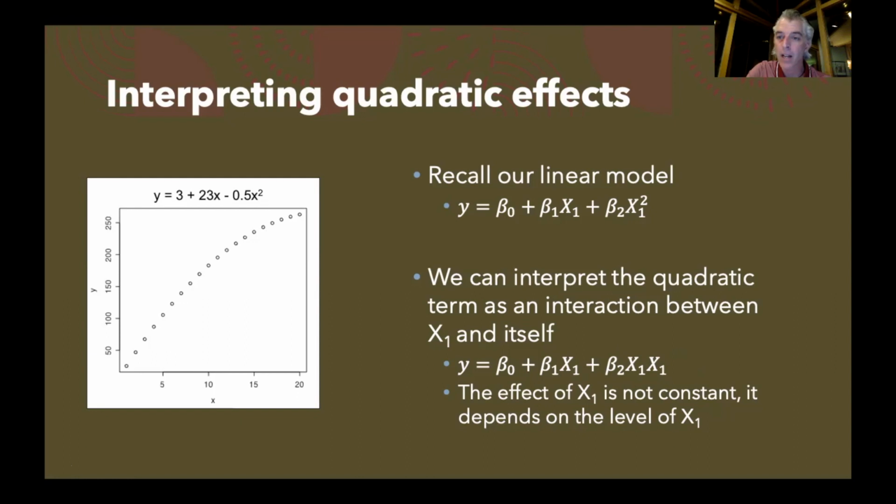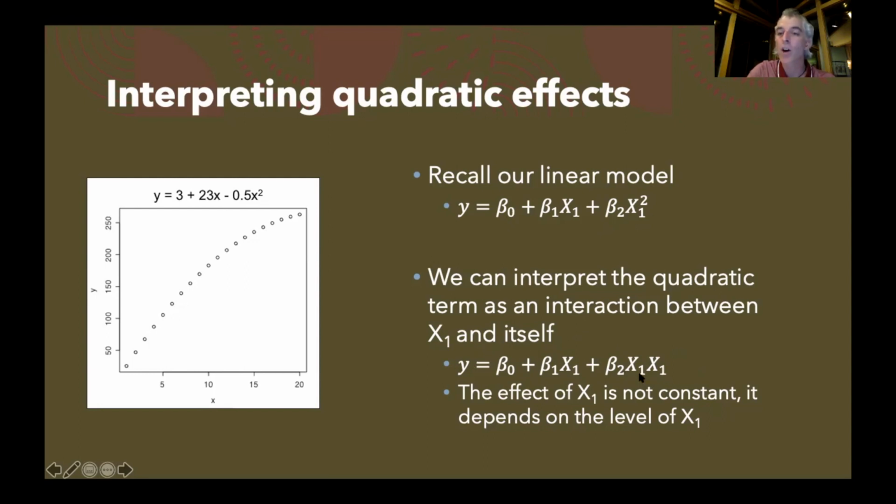So what this tells us, in the exact same interpretation as we had for a statistical interaction, is that when we have a quadratic term that represents a nonlinear relationship between x and y, what that's telling us is that the effect of x on y is not constant.